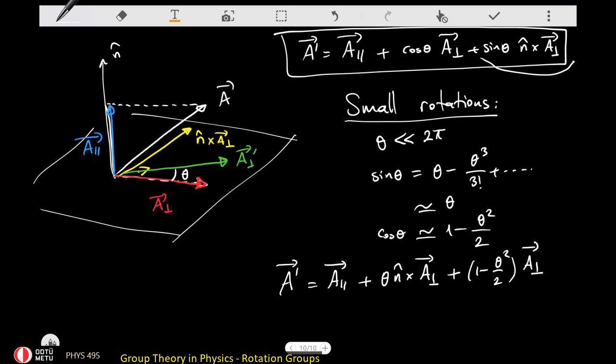All right, let me correct this. This one in here, n cross A perp, well, that's the same thing as n cross A. There's no difference. Because the parallel component of A is already parallel to n, n cross that component would be 0. So you can easily see that this is that.